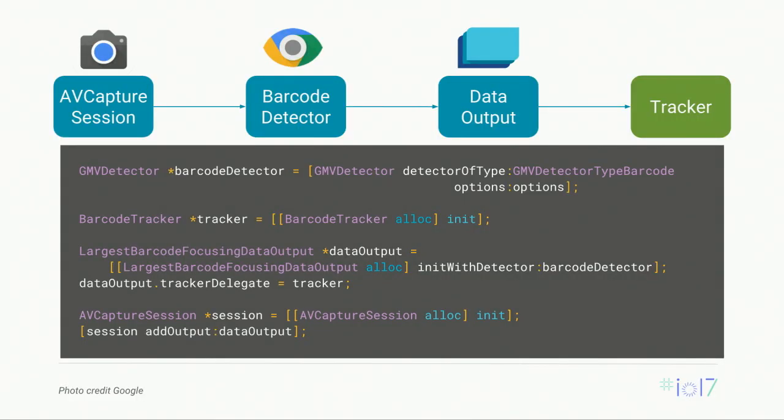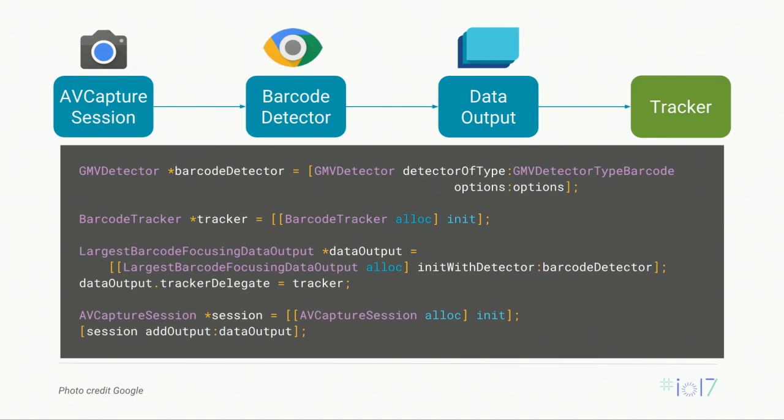So this is what the iOS pipeline looks like. It should seem familiar. It has 4 steps, just like before. However, to respect iOS convention, we made some changes. Instead of the camera source, we're using the AV capture session to interact with the camera. Instead of the processor, we're using data output, which is a delegate on the AV capture session to hook up the detection result to the tracker.